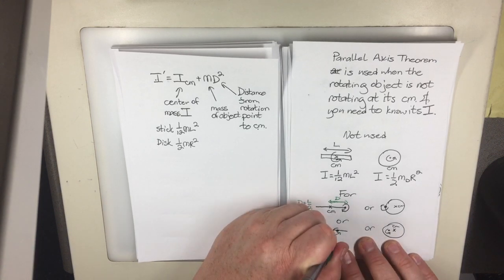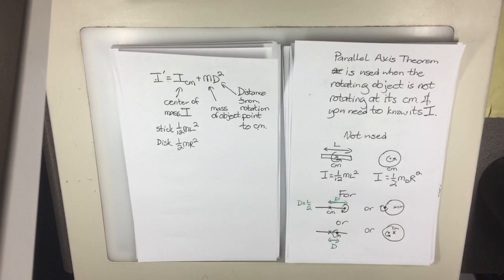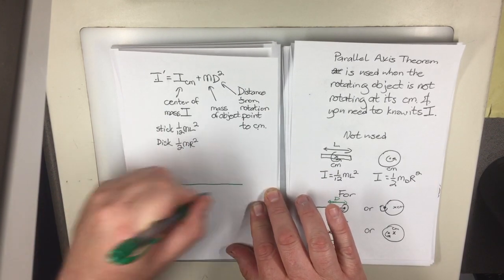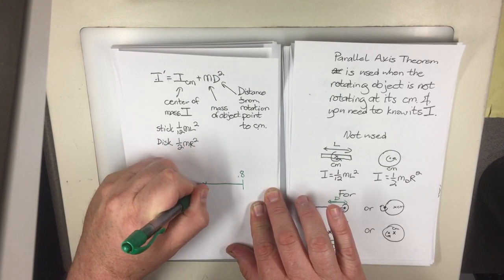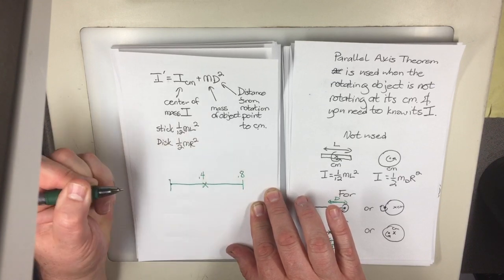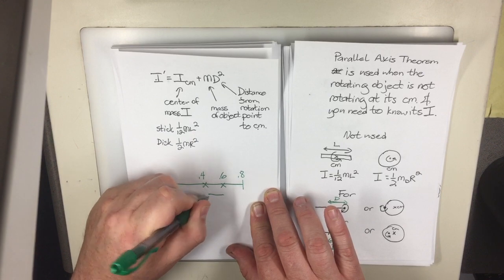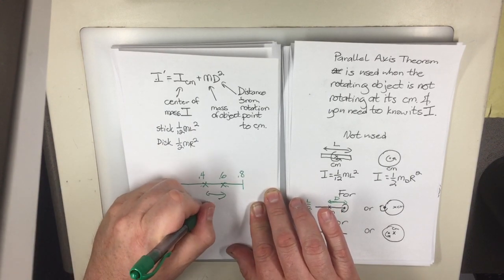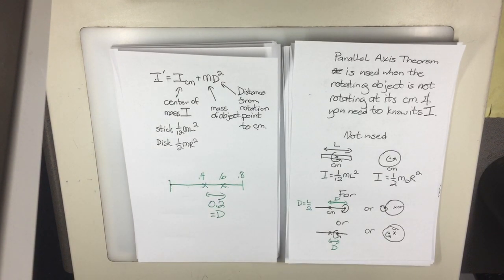Here, that is its d, and it's whatever value I give you. If the stick was 0.8 meters long, its center of mass is at 0.4, and I say it's rotating at 0.6, the d that you use is the difference, the distance, or 0.2 is equal to its d.